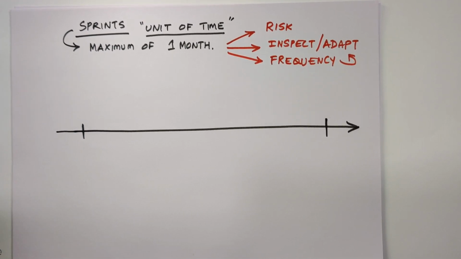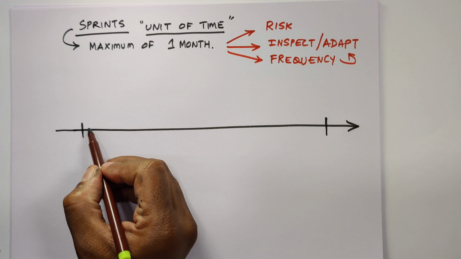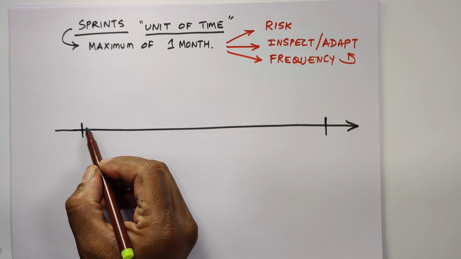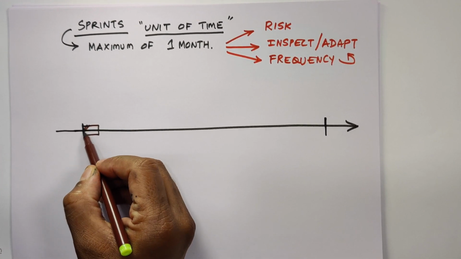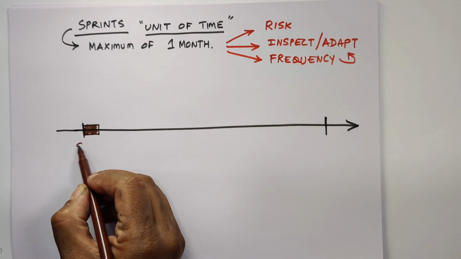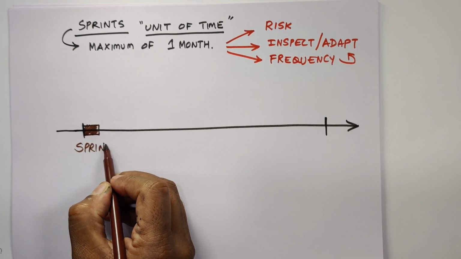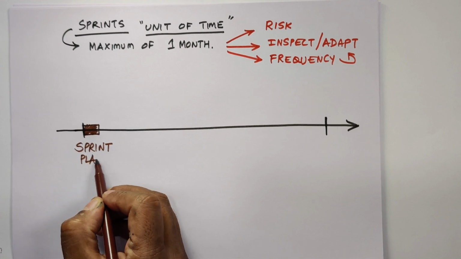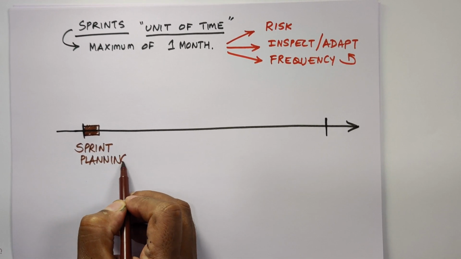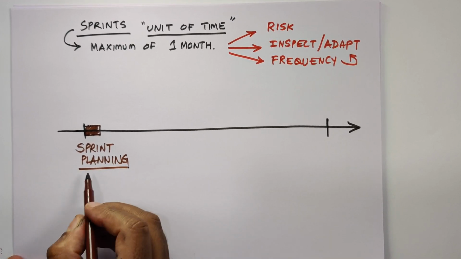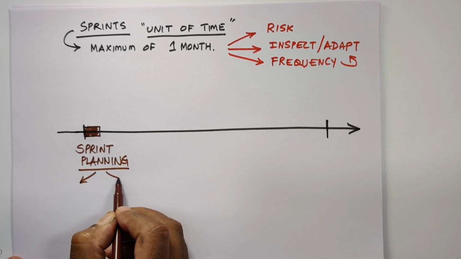Now, the first thing that happens in a sprint is called the sprint planning meeting. Sprint planning meeting takes two parts.